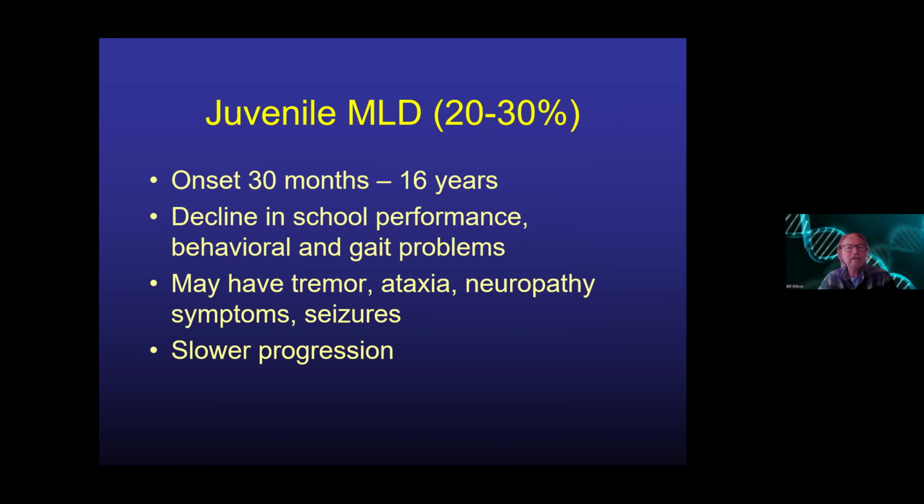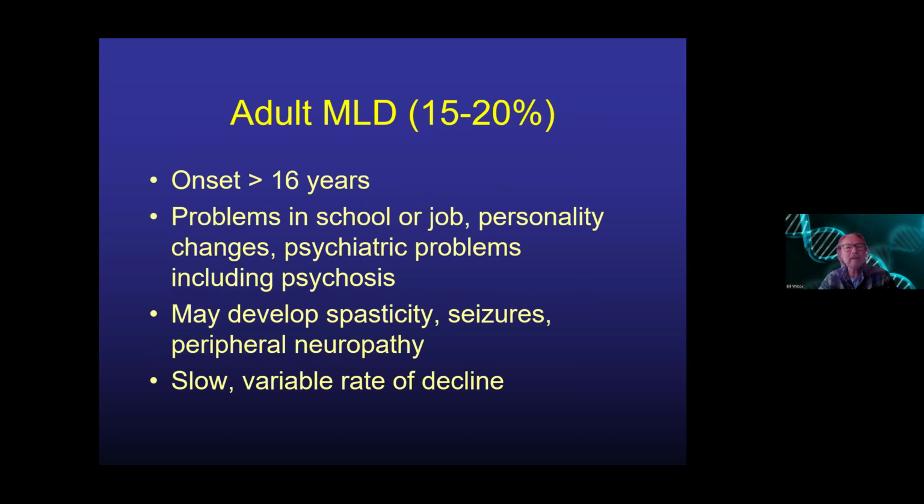Juvenile metachromatic leukodystrophy is the next most common group with onset of 30 months to 16 years, decline in school performance, behavioral and gait problems, and they develop the other problems just like the more severe form, and it just progresses more slowly. And adult MLD, the last group, has an onset much later and often with personality changes and psychiatric problems.